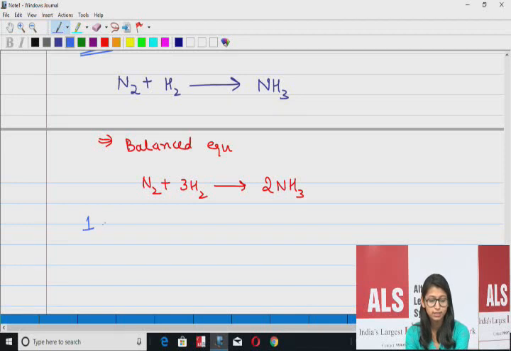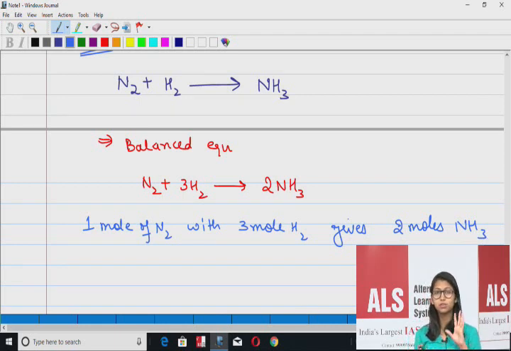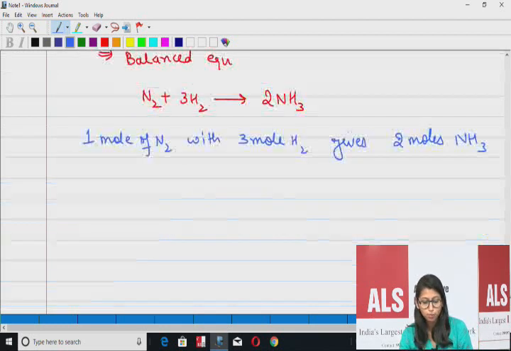Obviously I would say that 1 mole of N2 combined with 3 moles of H2 gives 2 moles of NH3, right? So this is absolutely correct, that after the balancing you can say that 1 mole of N2 combines with 3 moles of H2 and I'm getting 2 moles of ammonia. But where will the problem lie?